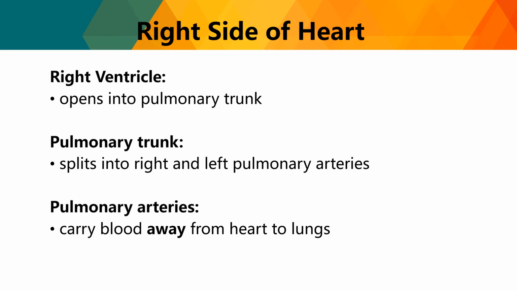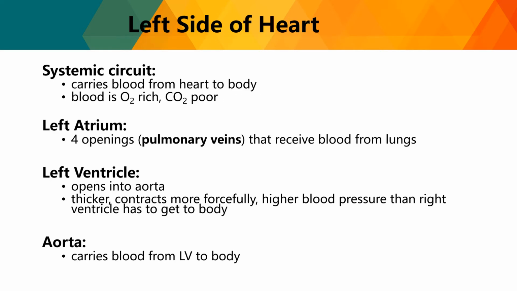So the right ventricle opens up into your pulmonary trunk, and then the pulmonary trunk splits into the right and the left pulmonary arteries. And then your pulmonary arteries carry blood away from the heart to your lungs. For the left side of the heart, it has what you call your systemic circuit.